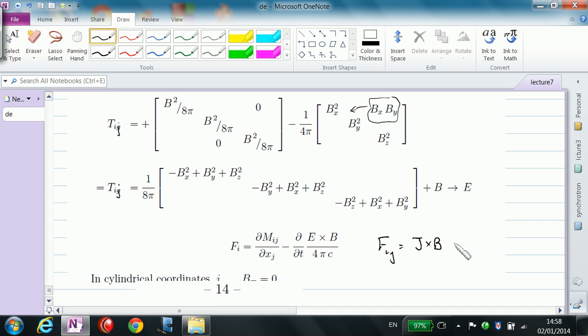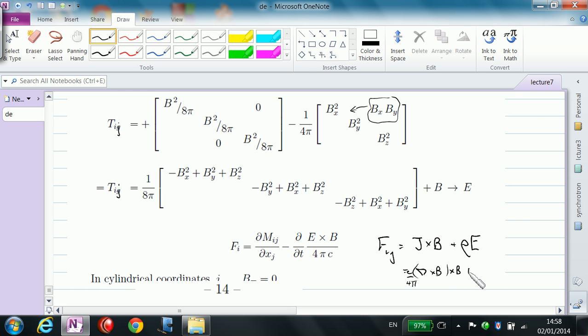It should equal J cross B plus rho times E, which is curl B cross B. J is what? C over 4 pi, right? J is the curl of B times C over 4 pi.